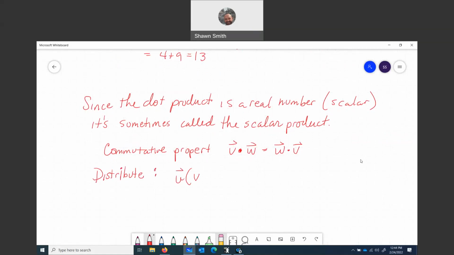Some vector u distributed over the sum of two vectors, in a sense, is multiplying, but to multiply vectors, we do dot products. So it's vector u dotted with v plus the vector u dotted with w. So the vector u dotted with the sum of two other vectors.